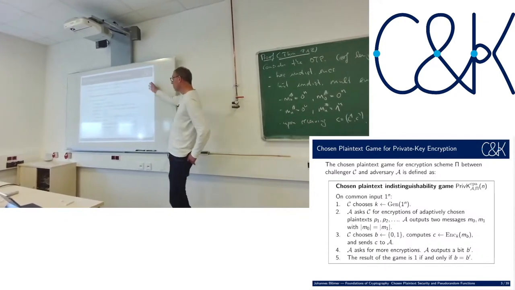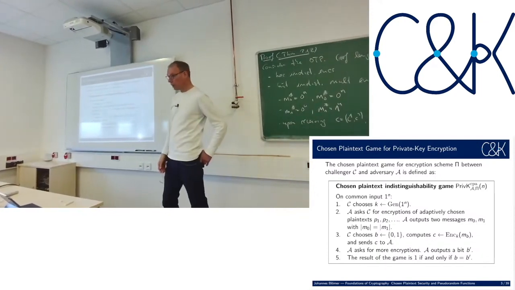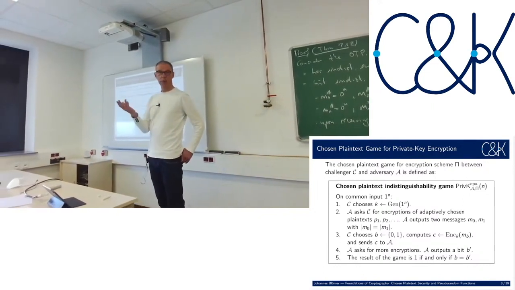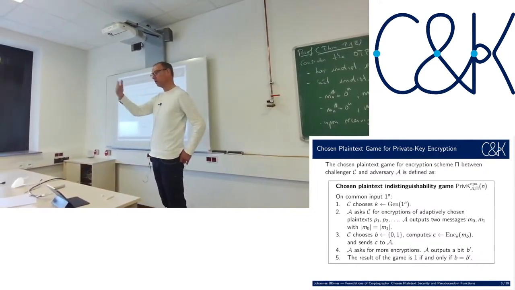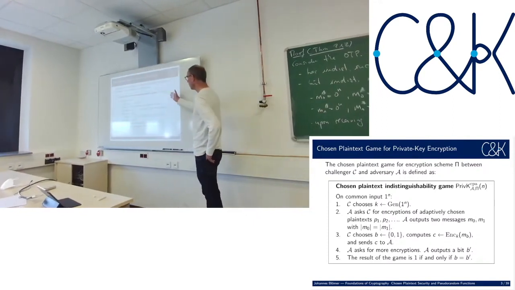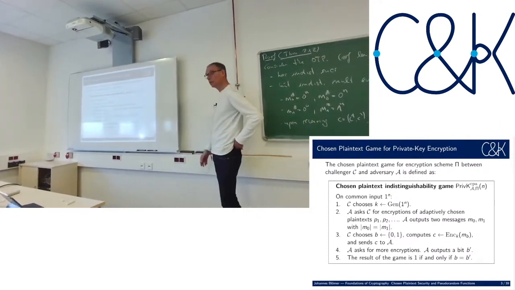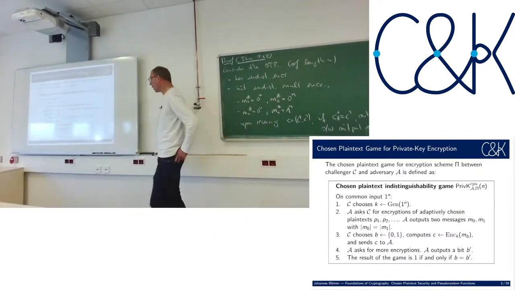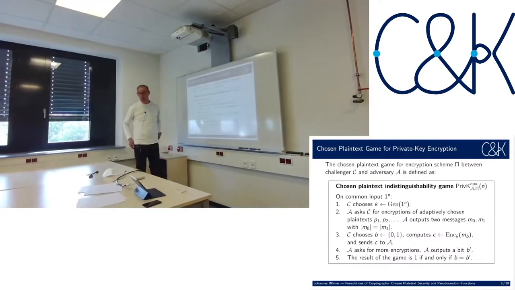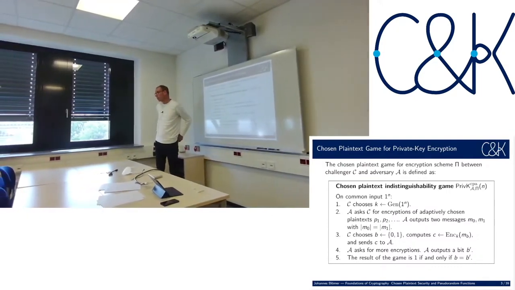It has the same outline as before. We have a challenger, and we look at arbitrary PPT adversaries, but we fix it for the definition. First, we fix the challenger. This is always the same, and then we fix an adversary. Okay, and here it comes. So the common input is 1 to the n, the security parameter.